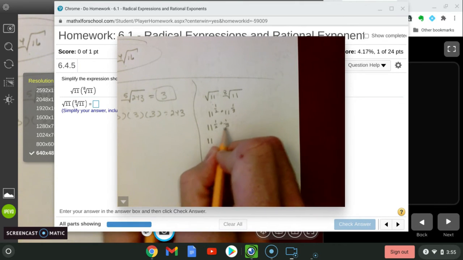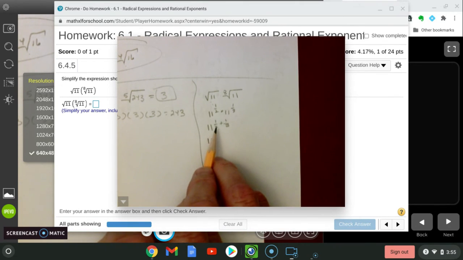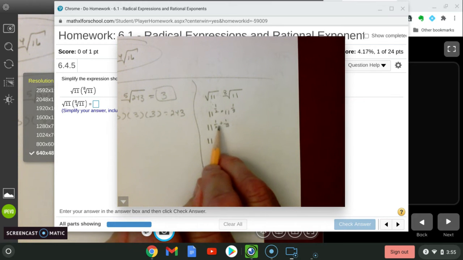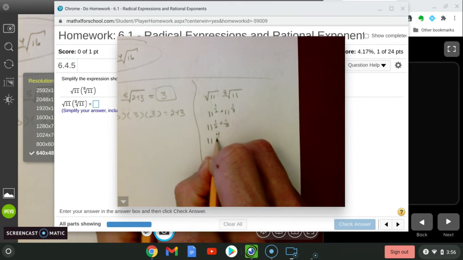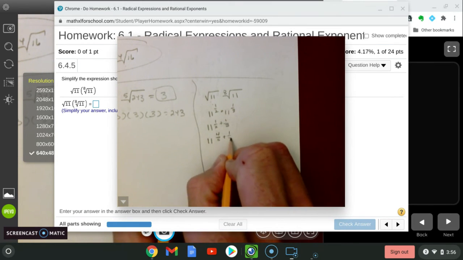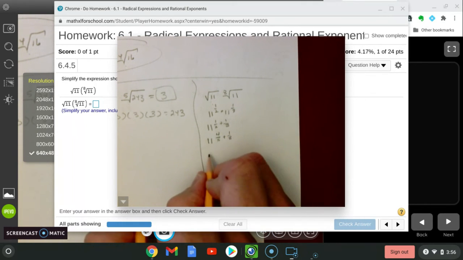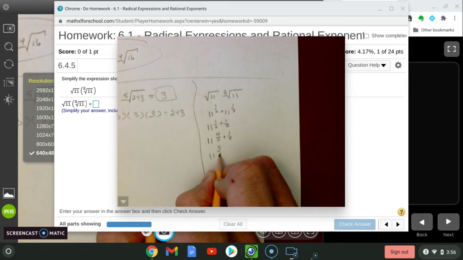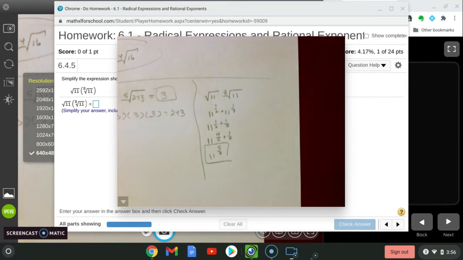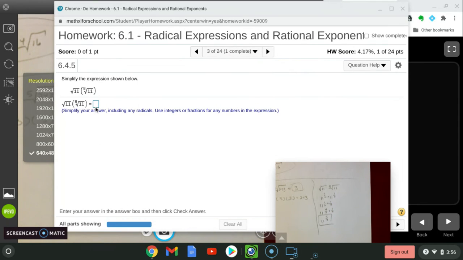Well, to do that, I need a common denominator. I recognize that 2 times 4 is 8, so 1 times 4 gives me my numerator. So 1/2 is 4/8, and then 1/8. I add those together, I get 11 to the 5/8 power.